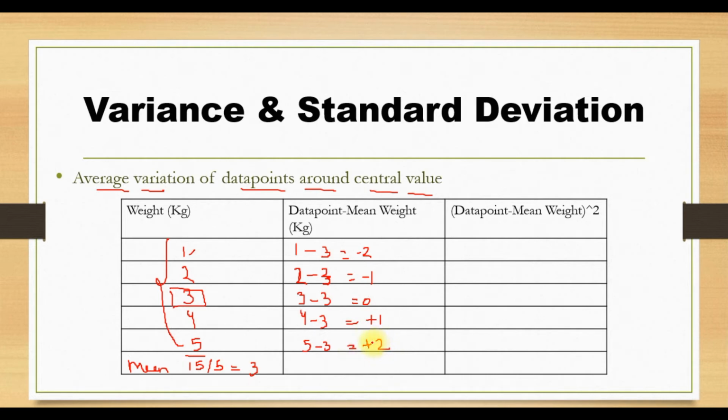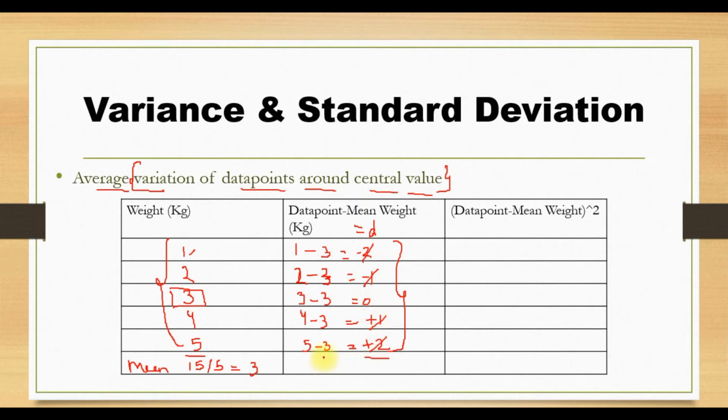Now, because for calculating an average we have to sum all observations, to calculate the average variation of data points around the central value we need to take the average of these values. But if we calculate the sum of these differences, let us say this is D, deviation, minus 2 will cancel off with plus 2 and minus 1 will cancel off with plus 1.